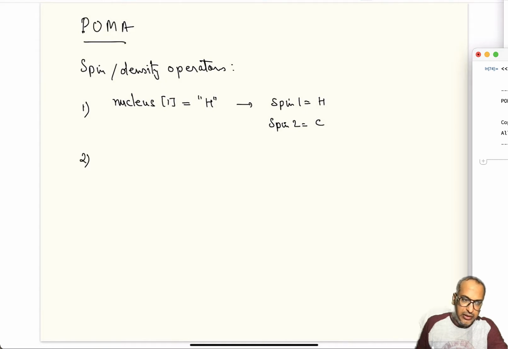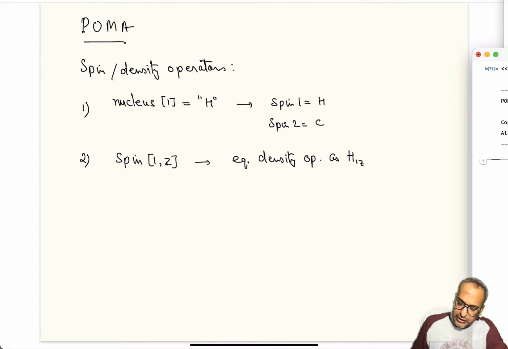Then the second command is spin 1z, for example. This will be in square brackets, and this basically defines the equilibrium density operator as H1Z.